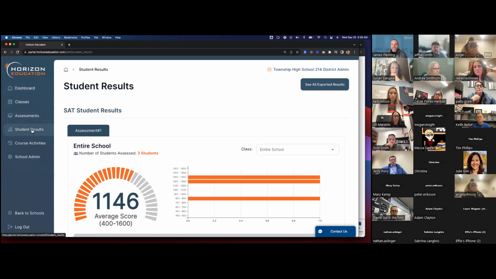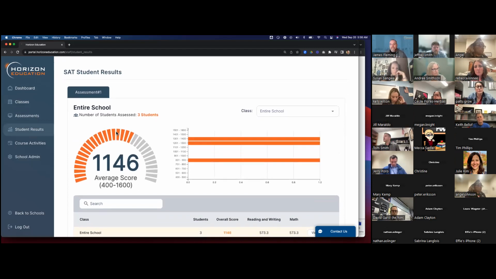We're going to spend the vast majority of our time today in the student results section. So on the left-hand side, you can click student results. And everybody in the room is going to have access to high-level data about the entire campus. So the first graph that you might see is SAT student results.